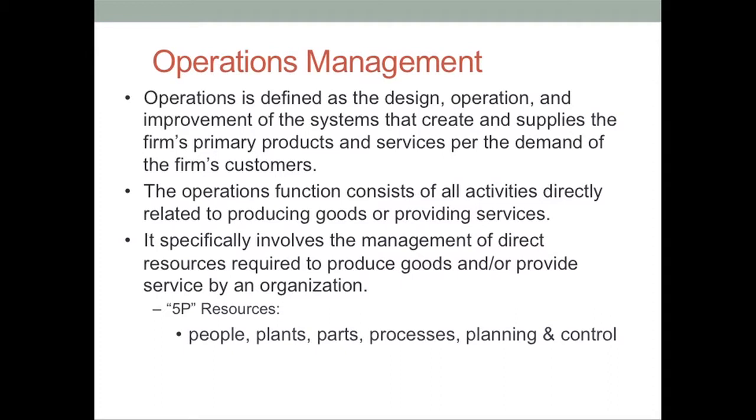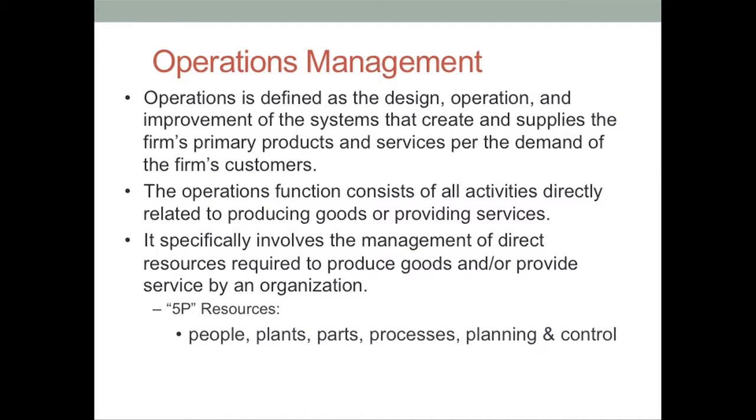The operation function consists of all activities that are, and this is important, directly related to the production of goods and services. So we are focusing in this course on all activities that are directly impacting or related to production of goods or creation of services.